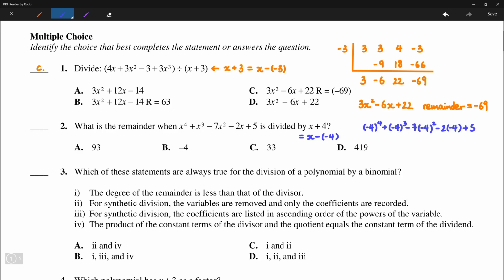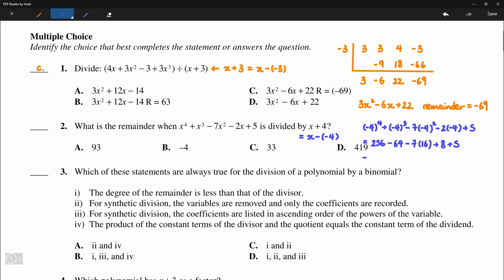Okay, so we have 256, and then minus 64, minus 7 times 16 here, plus 8, and then plus 5.